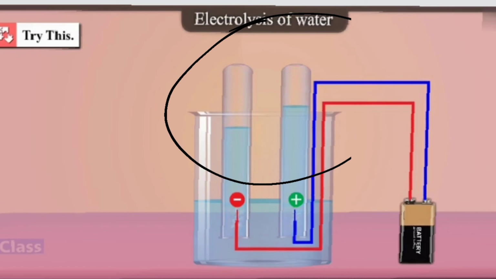Now what is the main thing we are having? We are mainly having water, the formula is H2O. So which gases can come up? It is hydrogen and oxygen. These are the only two gases which are going to come from the water, right?